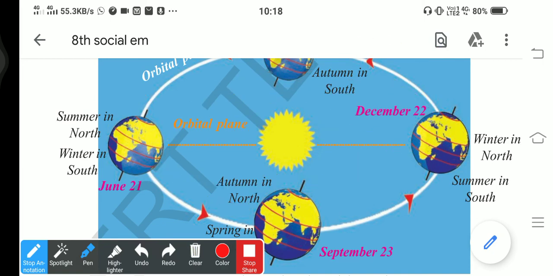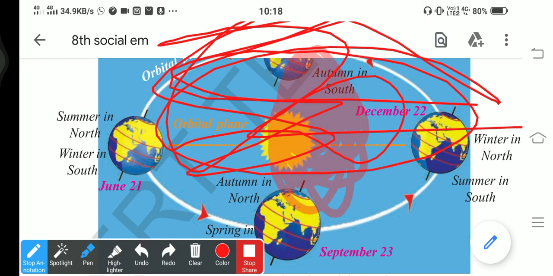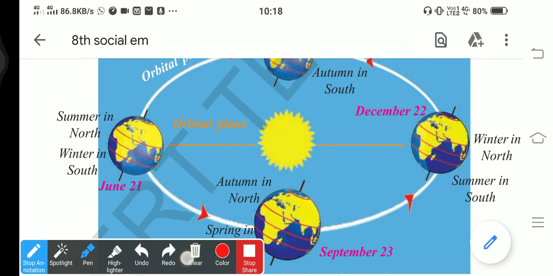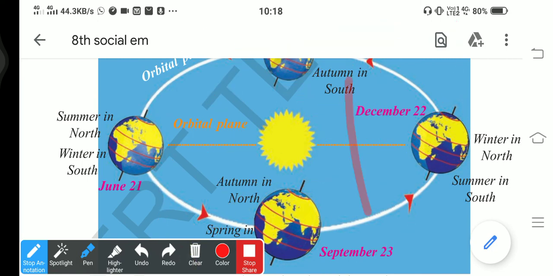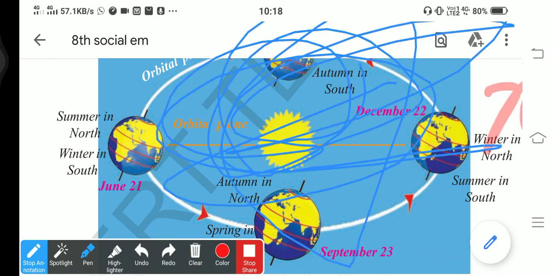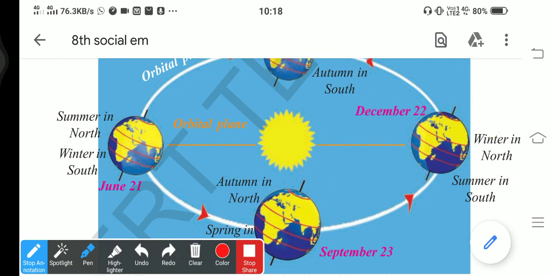The next, when it comes to here, this is December 22nd, Tropic of Capricorn. Here also we see the sunrays fall vertically. So on June 21st, sunrays fall vertically on Tropic of Cancer, and on December 22nd, the sunrays fall vertically on Tropic of Capricorn.